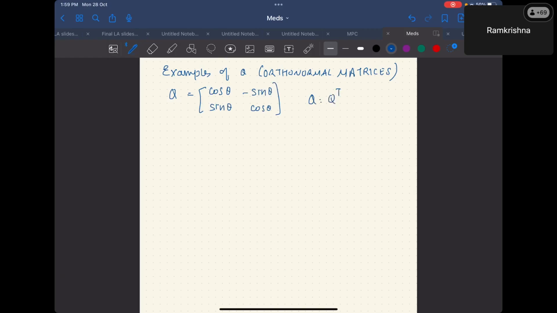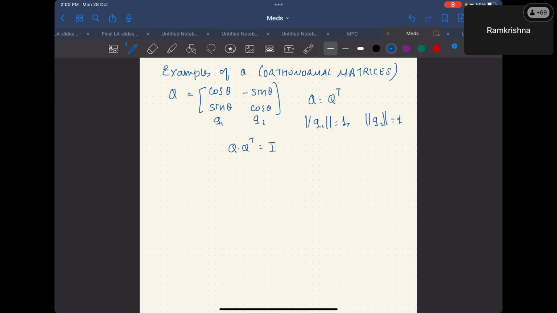These are unit vectors: if I call these Q1 and Q2, the magnitude of Q1 is 1 and the magnitude of Q2 is also 1. Not only that, Q1 dot Q2 will always be 0. So this satisfies a set of things. Q transpose Q is the identity matrix for this.